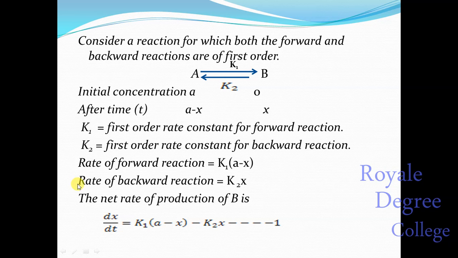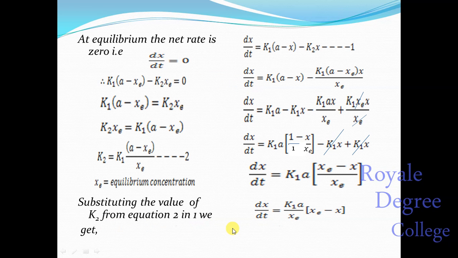So in this case, dx by dt is becoming 0. We can see this equation: K1 (a minus xe) minus K2 xe is equal to 0.